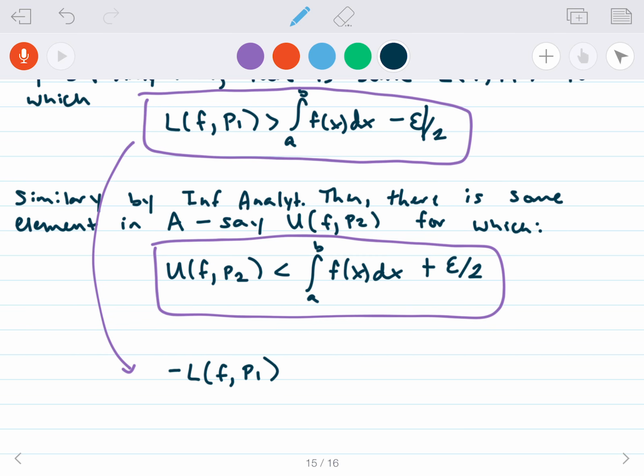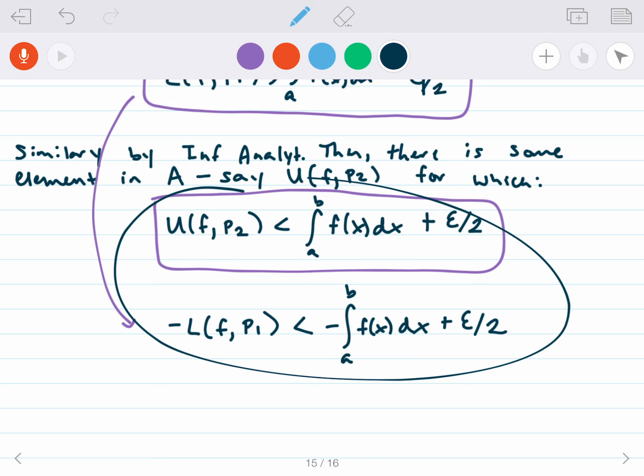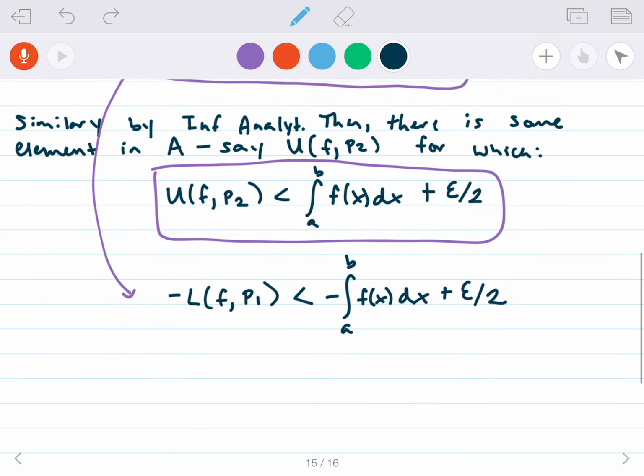It's going to flip the sign, and then everything on the right becomes negative. So this is going to become negative the integral from a to b of f of x dx, and then this guy's going to become positive epsilon over 2. Okay, and so we can add these two inequalities together.